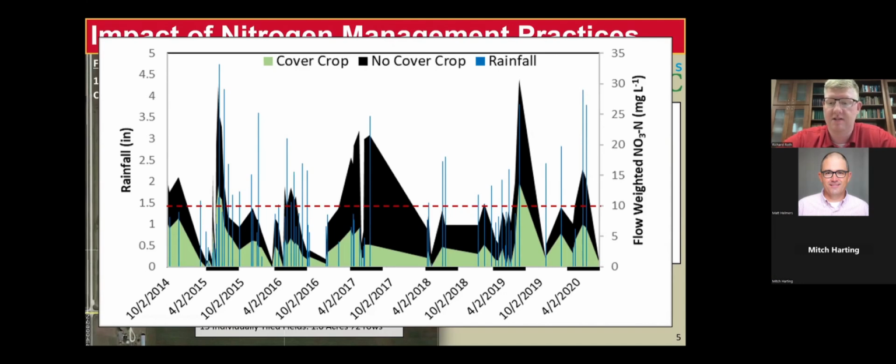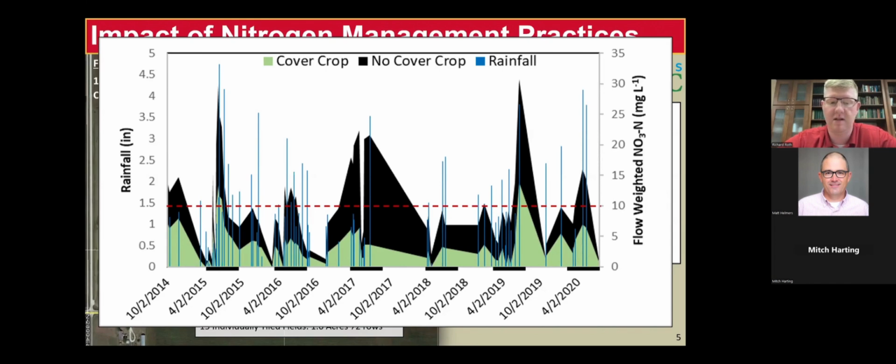And the red line across is the EPA drinking water limit of 10 parts per million. So you can see that where we had a cereal rye cover crop, we were able to maintain our nitrate concentrations below that EPA limit almost the entire time that the study was taking place.